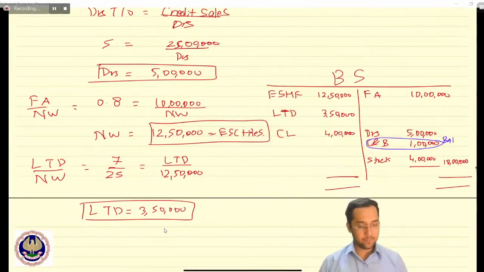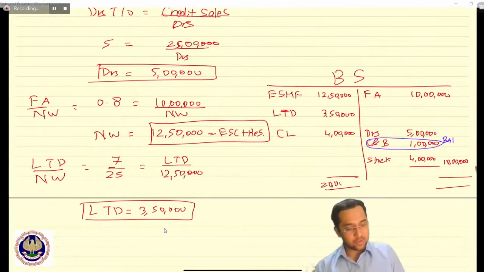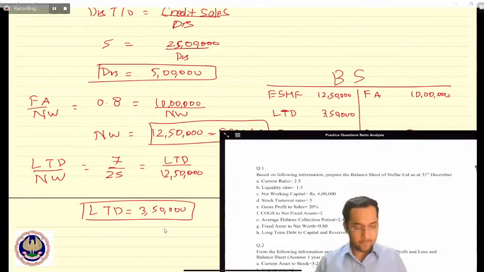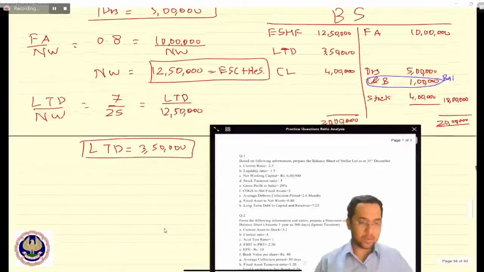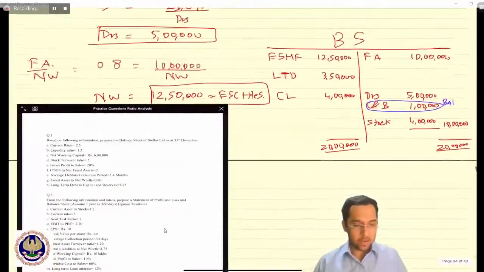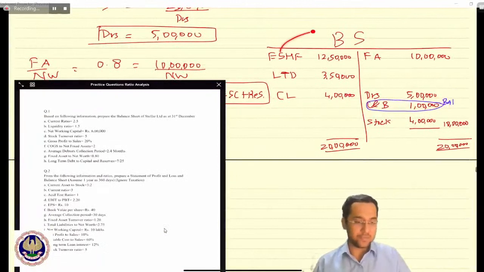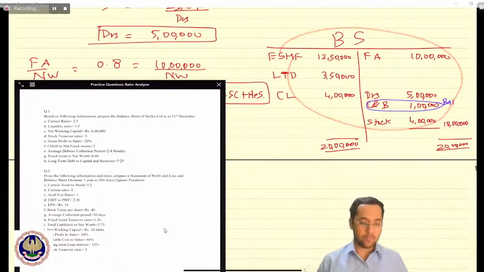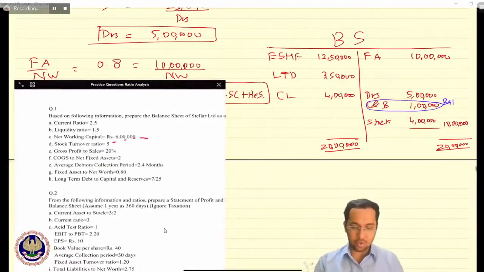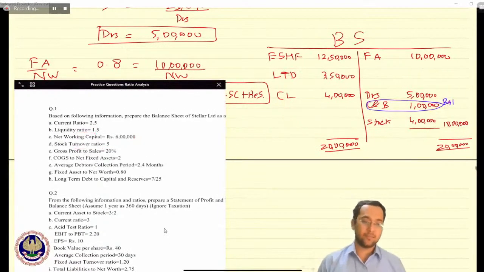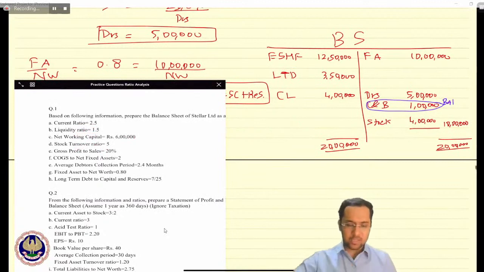Is it tallying? I think it is tallying because the numbers are like 20 lakh. My suggestion for you would be that once you have prepared the balance sheet after applying all the ratios, double check it. Just verify whether these ratios are getting satisfied in this. Just for surety, quickly you can see.